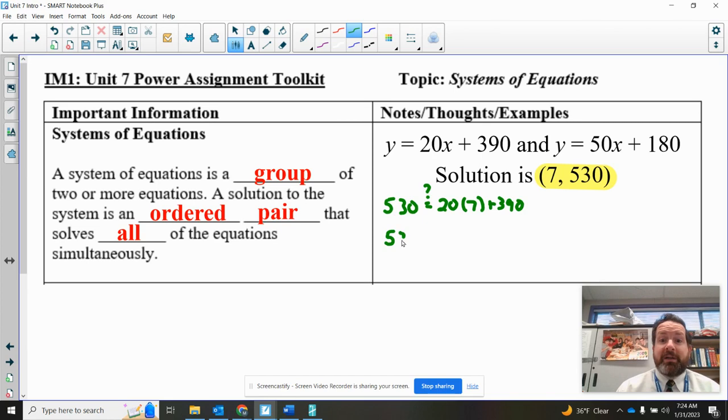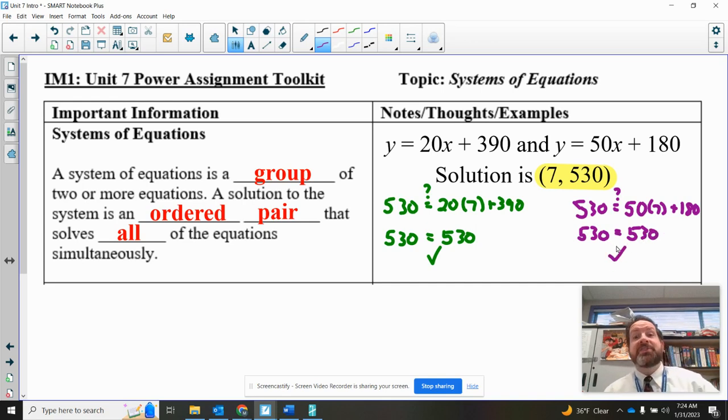Well, we already saw from our calculator that that happens for the first equation, and it also happens for the second equation. So put the 530 in for the y, put the 7 in for the x, and we just want to make sure that we get the same number on both sides. Well, we've already checked it, and we know that we do.